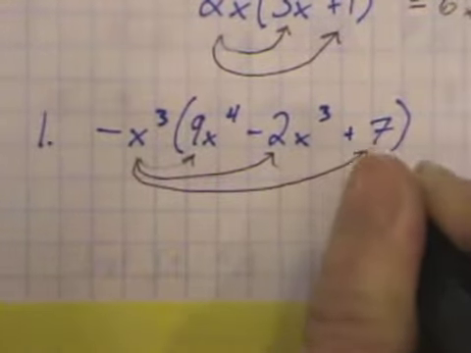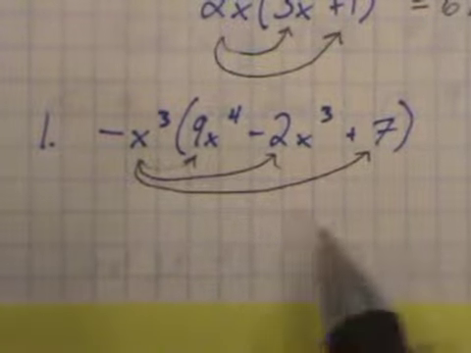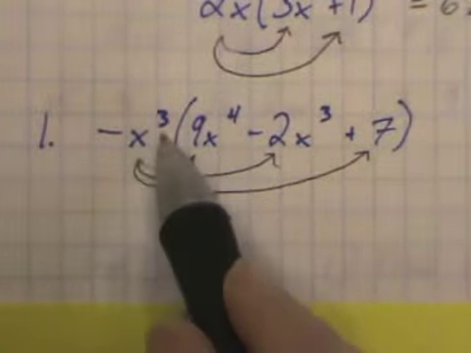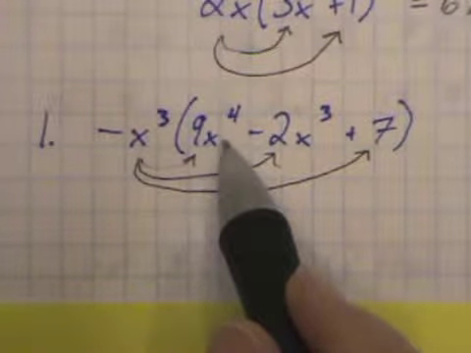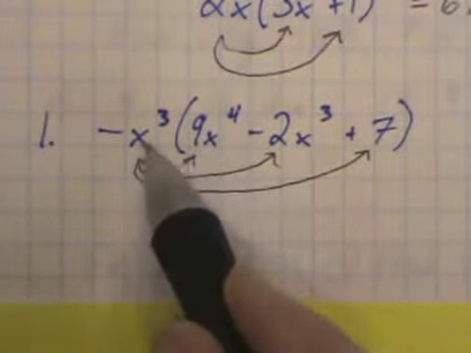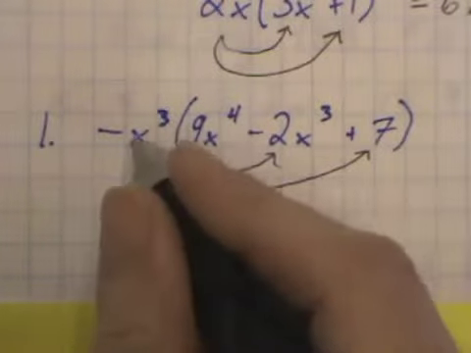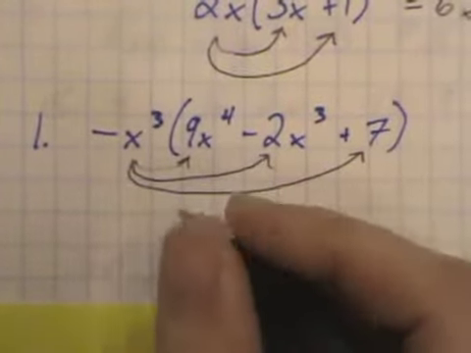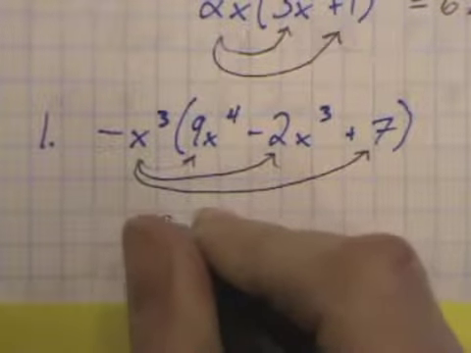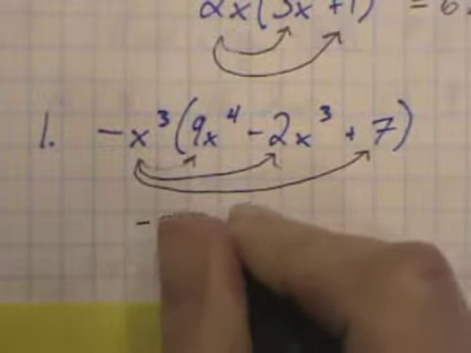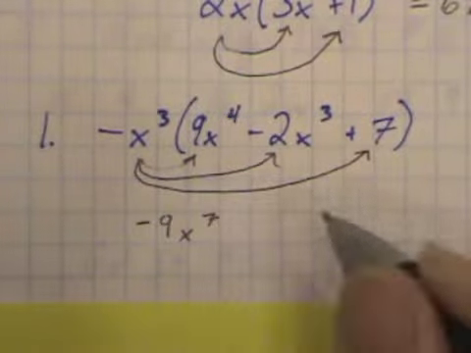Now, not so long ago, you finished a whole unit where you were doing things like multiplying negative x cubed times 9x to the 4th. 30 lashes with a wet noodle if you say x to the 12th. No. Negative x cubed times 9x to the 4th is going to give us negative 9x to the 7th.